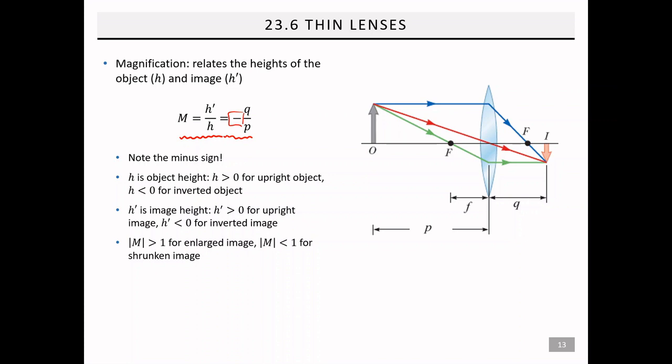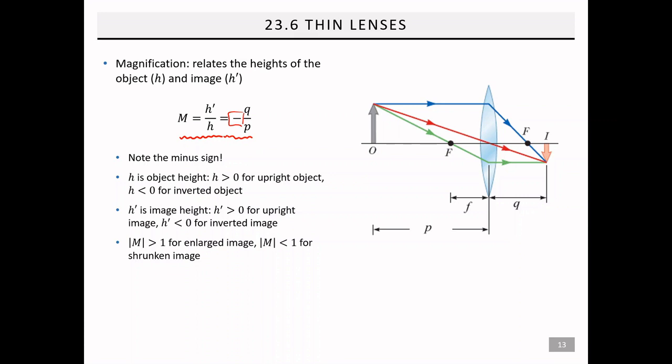For lenses, H will always be positive for an upright object and negative for an inverted object. This is the same as with mirrors. And it's also the same for the image height, positive for an upright image, negative for an inverted image. And again, same as mirrors, if the absolute value of M is greater than 1, then you have an image that has increased in size.